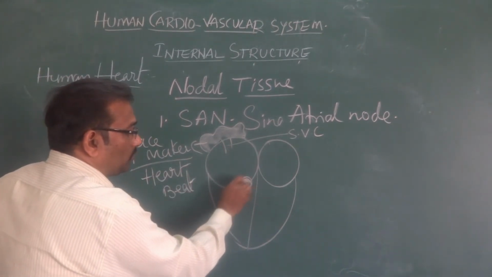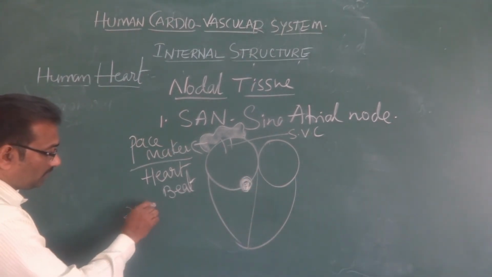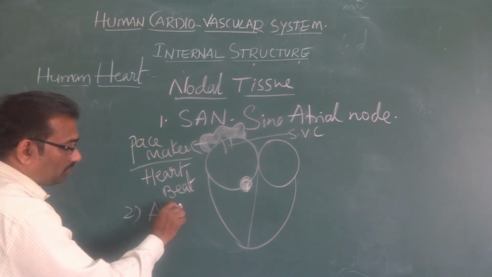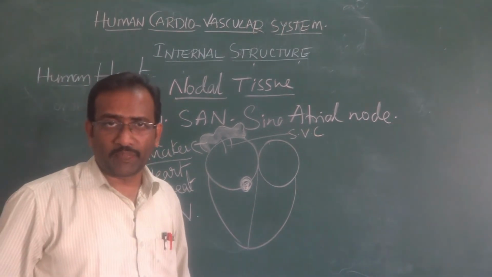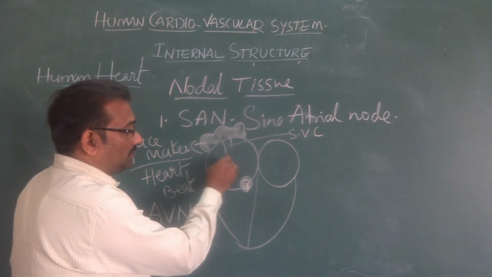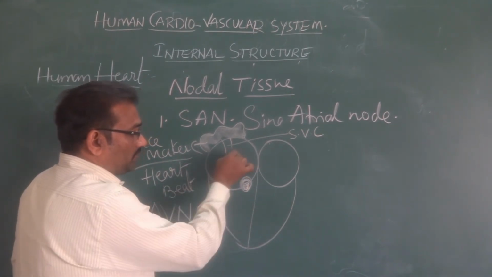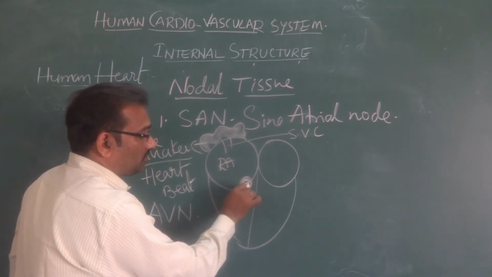second nodal tissue, that is called the atrioventricular node, AVN. This atrioventricular node is present in the right atrium, in the lower part, somewhat towards the left side.